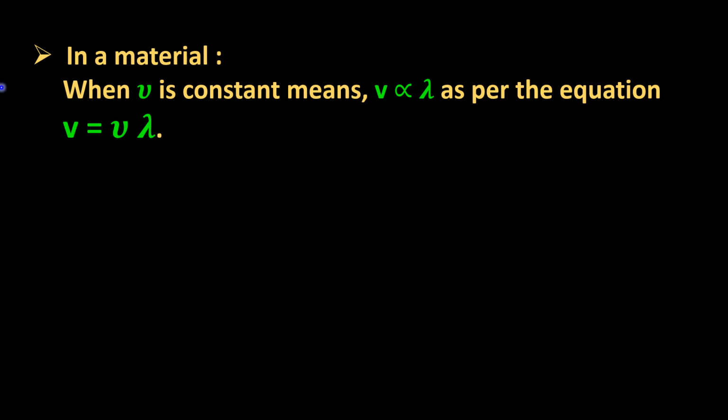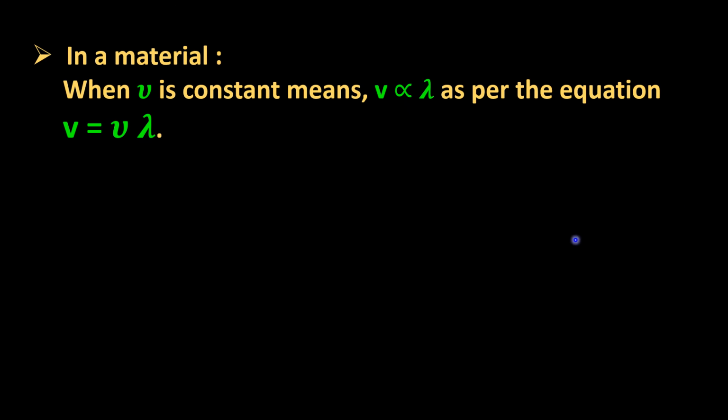The source is vibrating with a constant frequency, so the frequency of the source never changes. That means nu is constant. When nu is constant, v is directly proportional to the wavelength. v is the velocity.